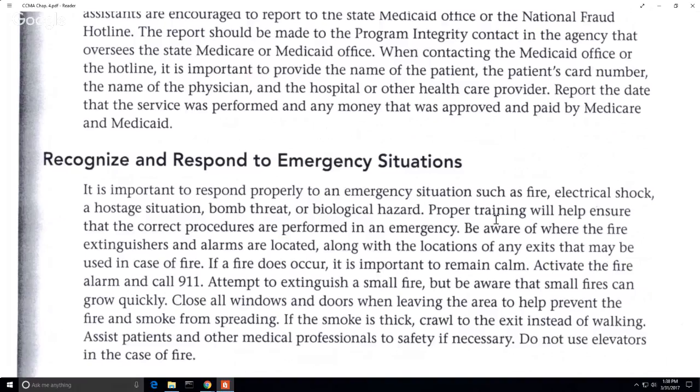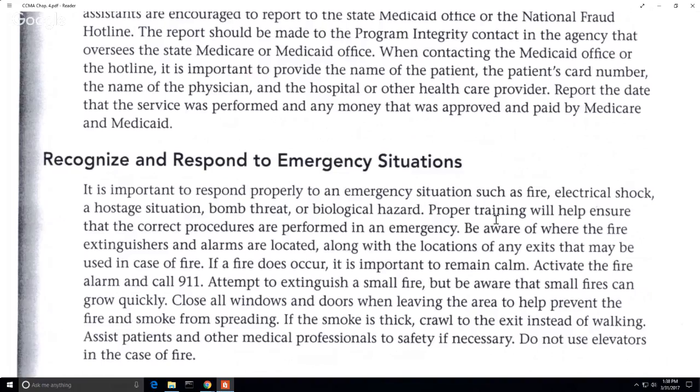Now, if a fire does occur, it is important to remain calm, activate the fire alarm, call 911, and then attempt to extinguish a small fire. But be aware that small fires can grow quickly. Close all windows and doors when leaving the area to help prevent the fire and smoke from spreading.